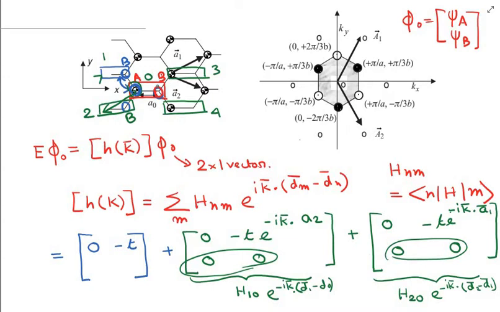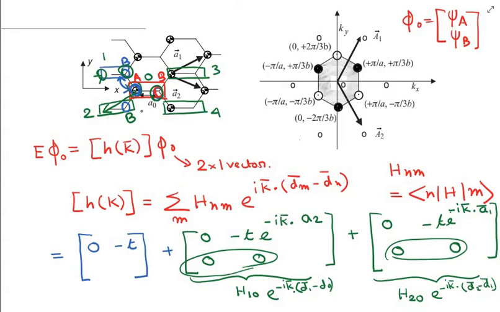Okay, why are these two terms 0 0? Because this atom B in this 0th unit cell is not coupled to either atom A here or atom B here, or this atom in this 0th unit cell is not coupled to atom A in the 2nd unit cell or atom B in the 2nd unit cell. Okay, we are considering only the nearest neighbors.